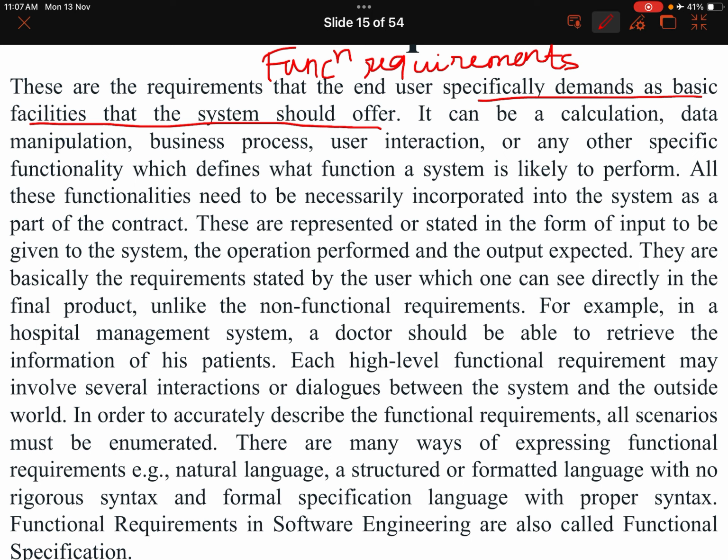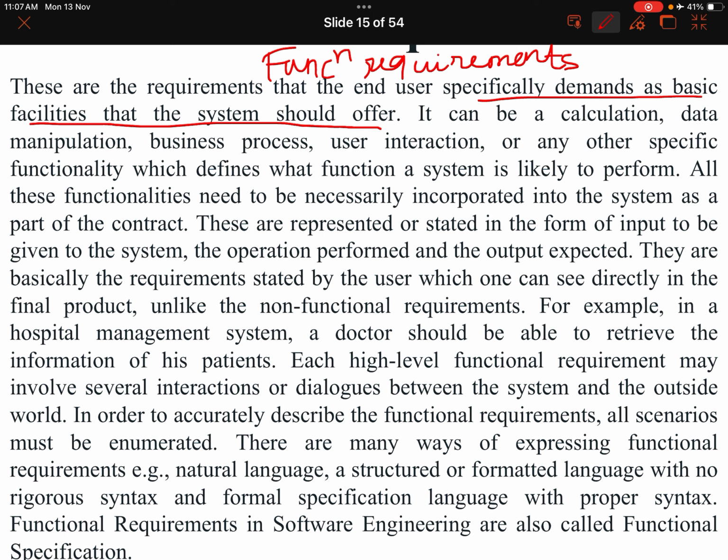If it is a calculator, it will perform calculation. So the basic demand is that it should perform calculation, and that calculation defines that the system made is a calculator.